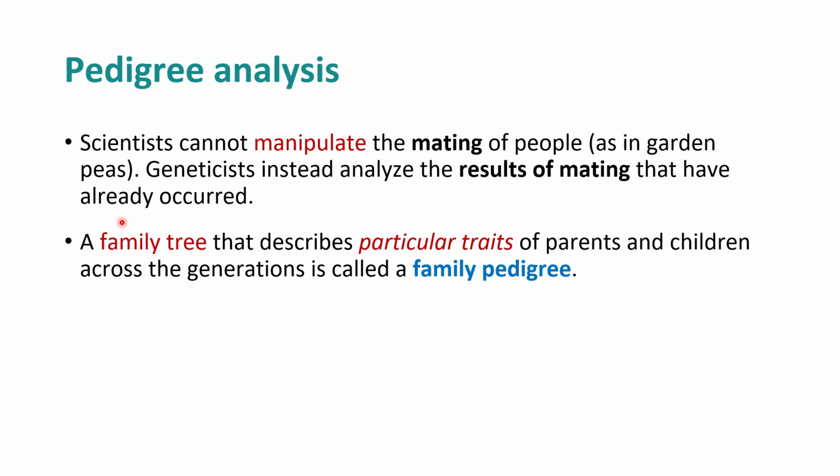So when we study human genetics, instead of actively pairing 2 individuals and waiting to study their offspring, we usually do it the other way around by backtracking a particular trait over generations using a family tree, right? And when we look at this family tree, we can use it to describe particular traits of parents and children across generations, and that's what we call a family pedigree.